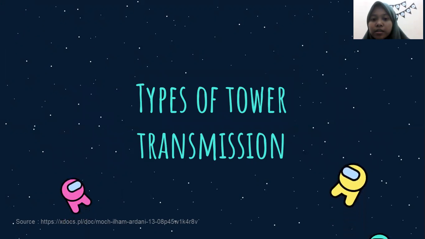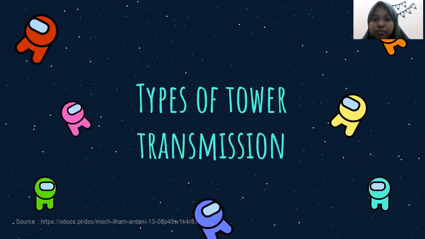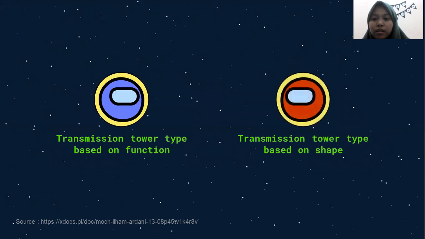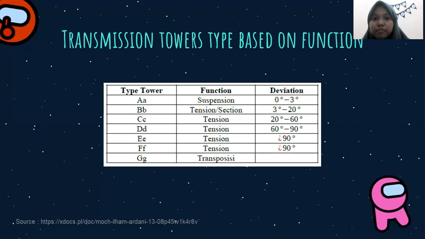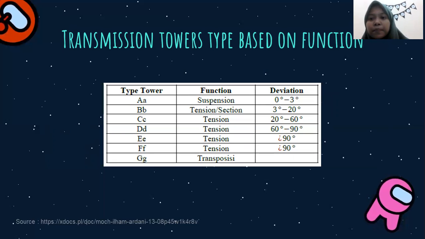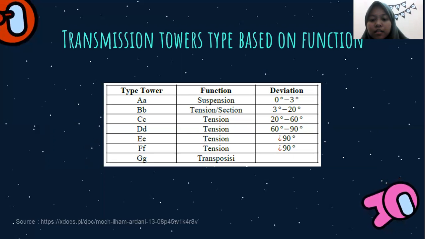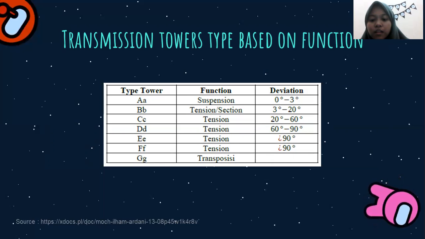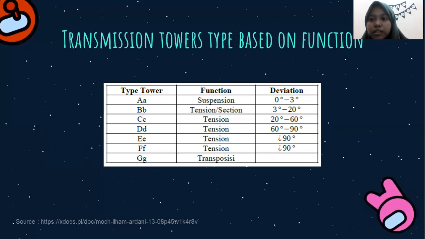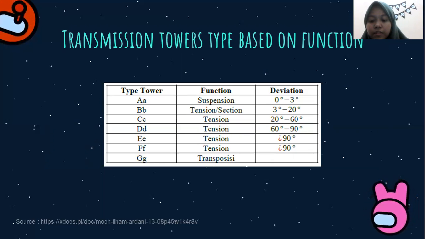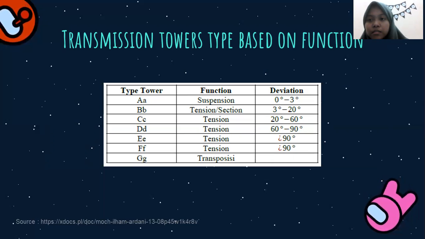Types of tower transmission. There are 2 bases of transmission tower type, based on function and based on shape. Transmission tower type based on function. According to different consideration, there are different types of transmission towers.